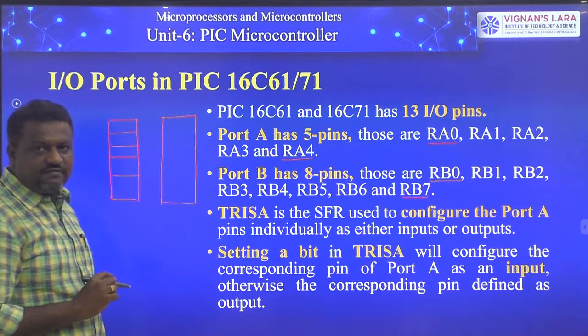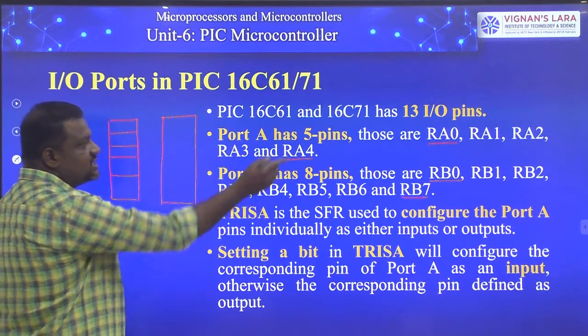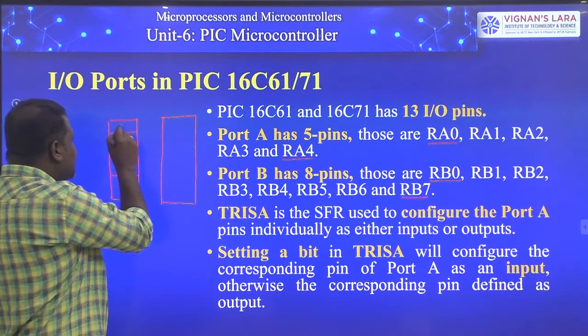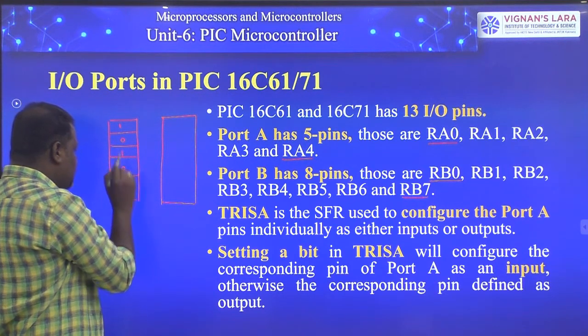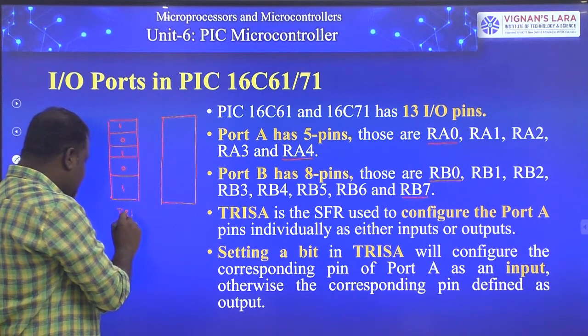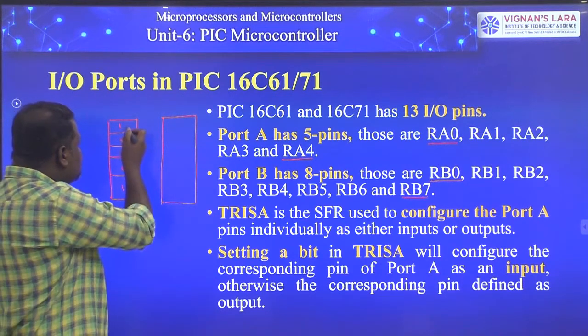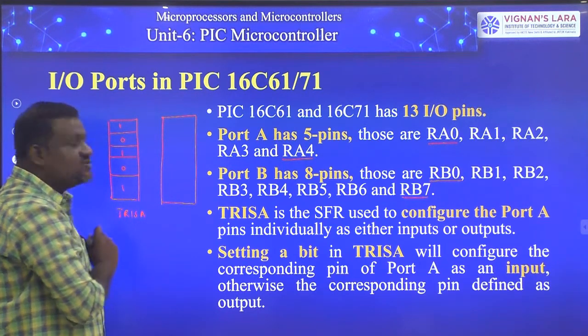And here I have the port signals, that is RA0 to RA4. For example, I program my TRISA like this: 1, 0, 1, 0, 1. I can assume this is the least significant bit of TRISA.